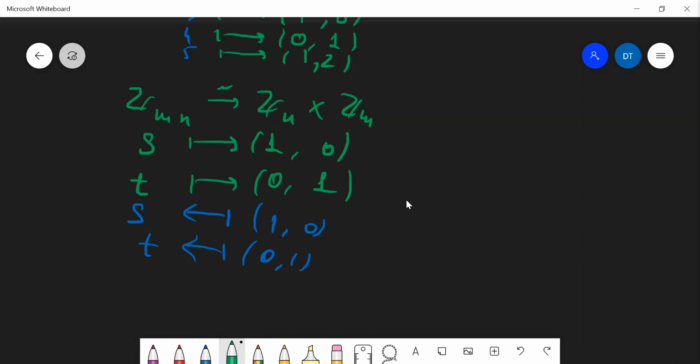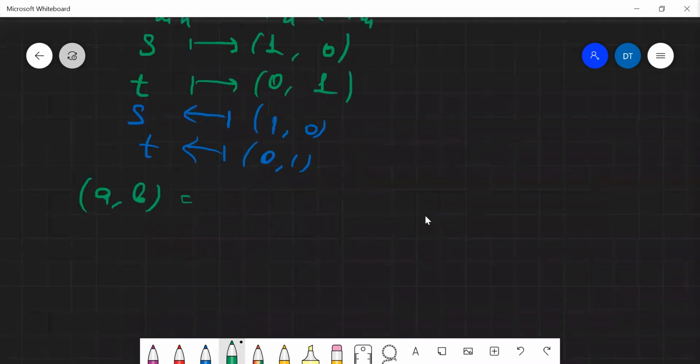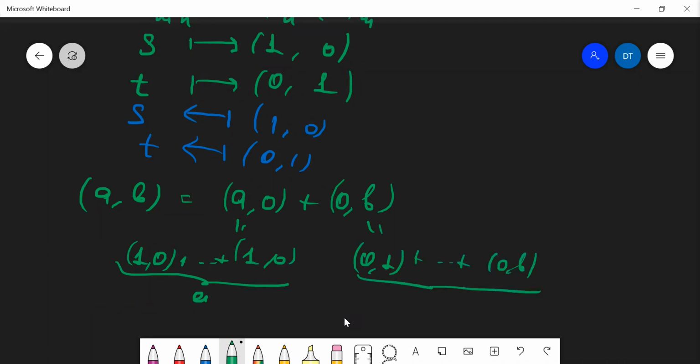But then, if I am given an element (a, b), this is exactly the same as (a, 0) plus (0, b), but this thing is (1, 0) plus etc., (1, 0) a times. And this thing is (0, 1) plus etc., plus (0, 1) b times.